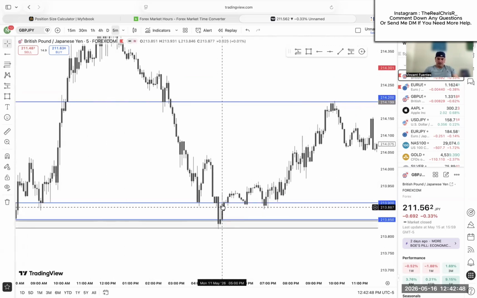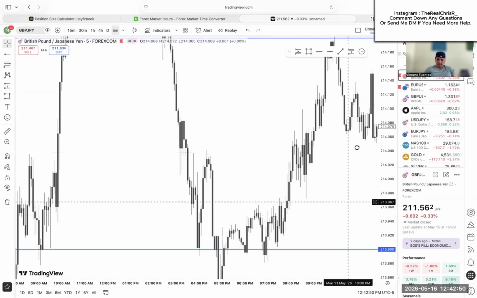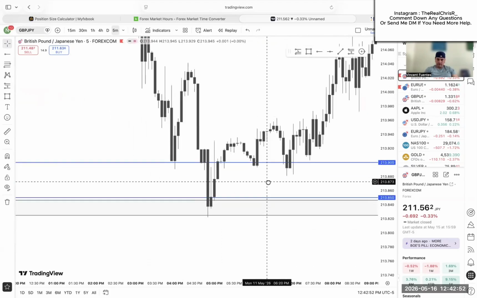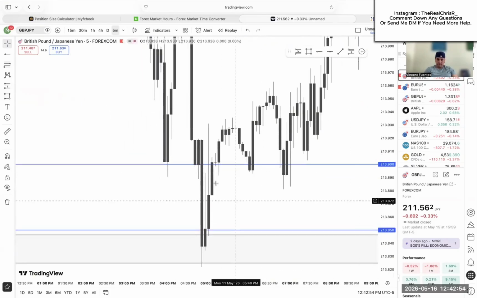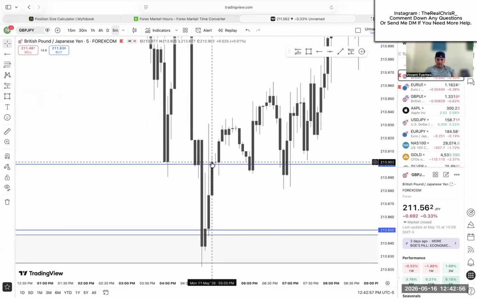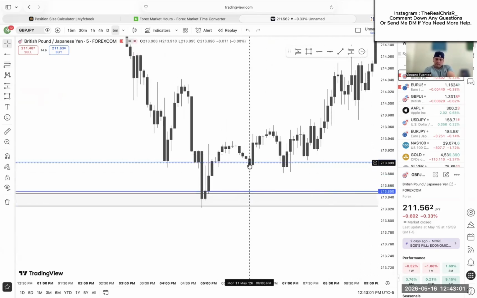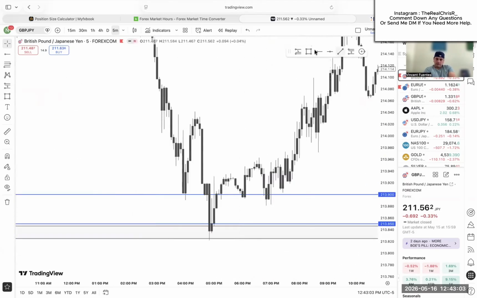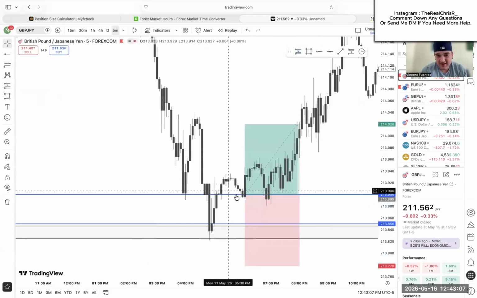So I seen price came, broke back above this line. This is why I just want to see what price is doing. I see price broke back above this line and shot out for the buys. And I took my entry right here, because we have a structure right here.